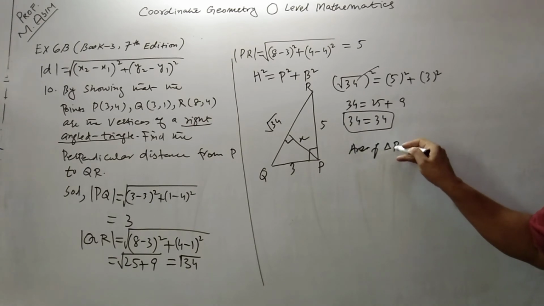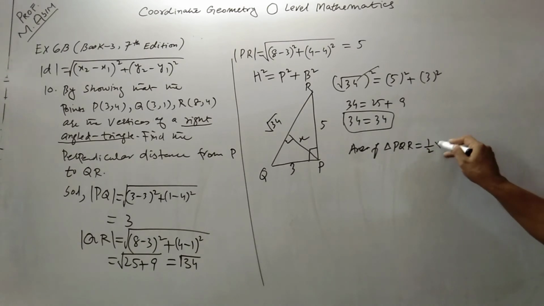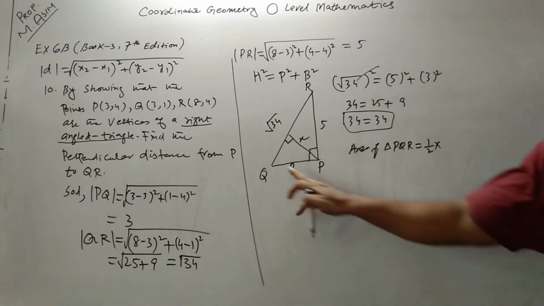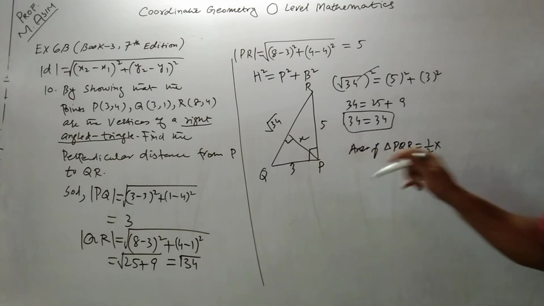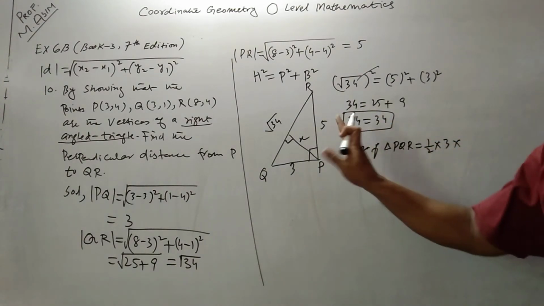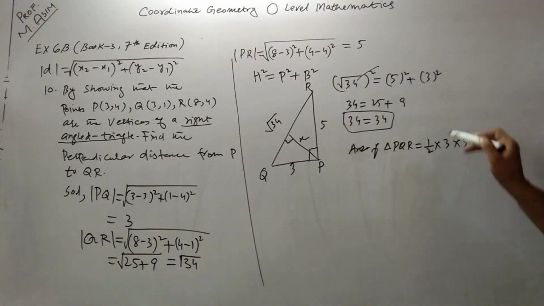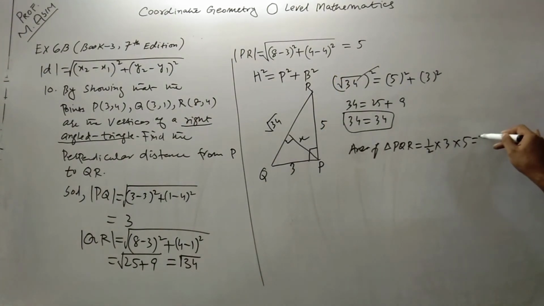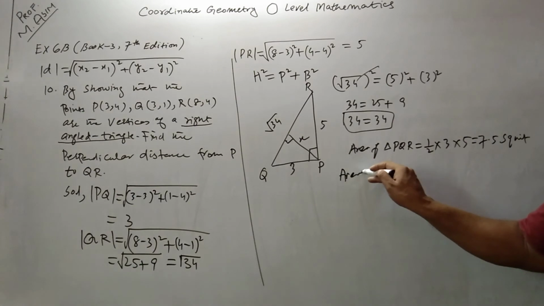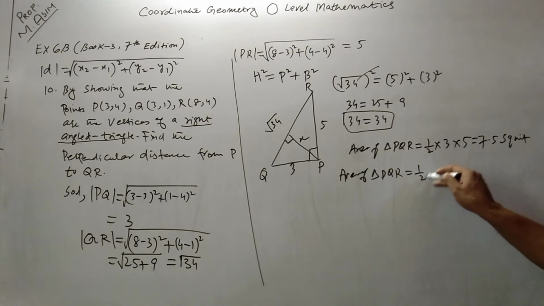Area of triangle PQR is 1 upon 2. What is the base? If this one is base 3, then this one is height, because this is perpendicular. 5 3s are 15, 15 upon 2 is 7.5 square unit.